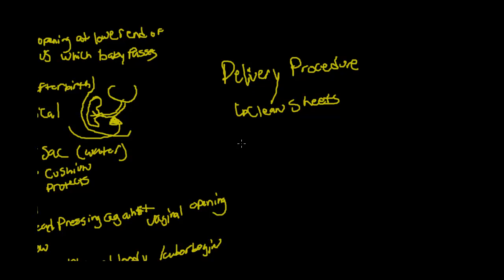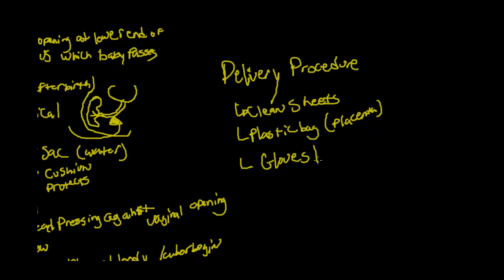You need a plastic bag for the placenta, and you're going to need to take that to the hospital. Gloves to protect you, or any type of personal protective equipment, face shields, whatever you need. Sanitary pads.